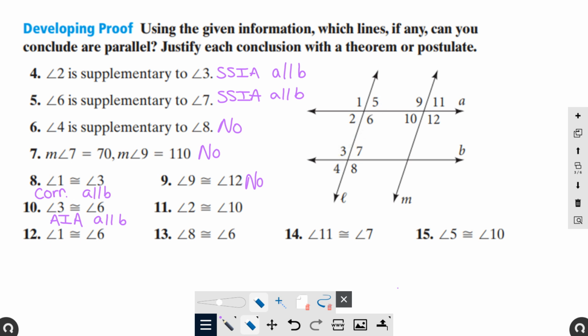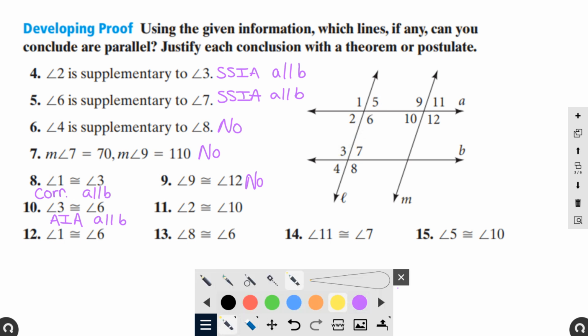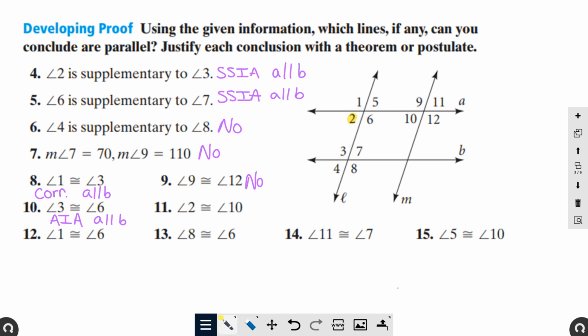All right, next we have 2 and 10. Now this one might be a good idea to turn that paper sideways, because usually we see them in that kind of a vertical line. So if you turn this sideways, what kind of angles are those? They are corresponding.